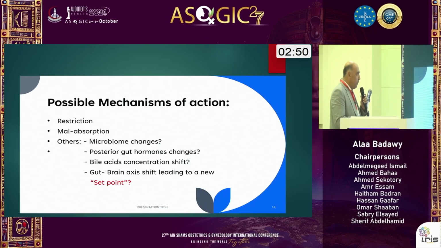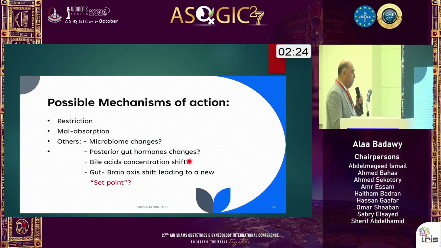What are the possible mechanisms here? Any bariatric surgery you can do is either restrictive or malabsorptive. These are the two main limbs for any bariatric surgery. Others we don't know about, but we can deal with some. Microbiome changes, it's still an idea, we don't know about it.